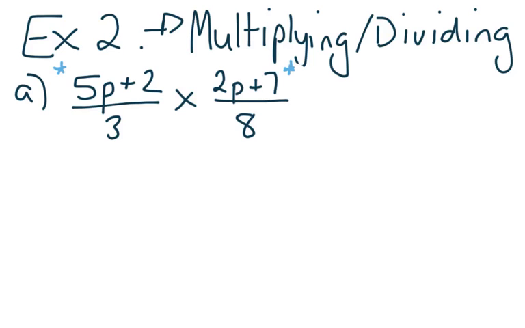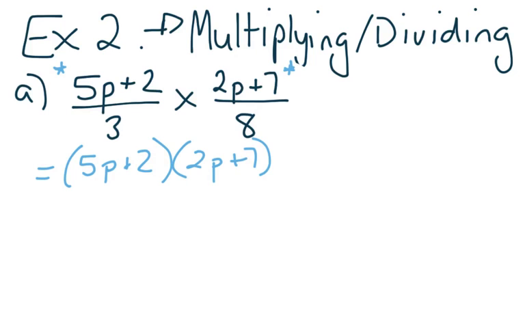So instead, all we have to do is multiply 5p plus 2 by 2p plus 7. And we do that by putting the brackets together. And then we also do 3 times 8 to get 24. Once we've got to that point, we use FOIL, okay? Remember, first, outside, inside, last, to expand those two brackets.